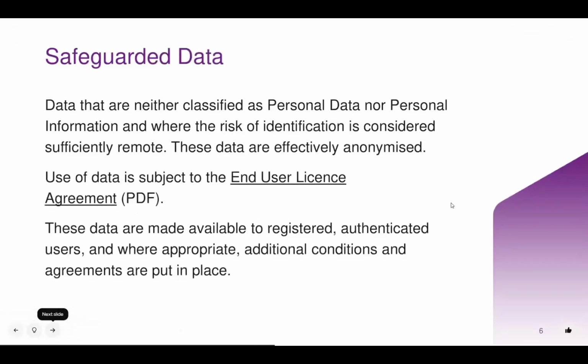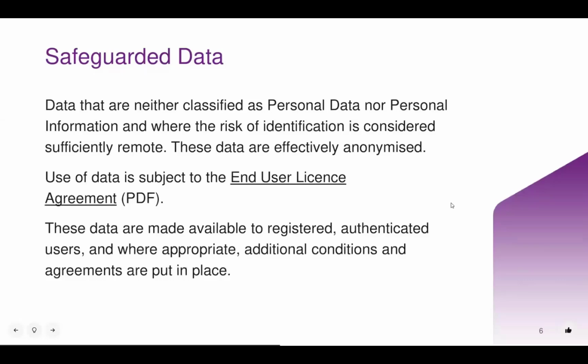Moving next, safeguarded data, a vast majority, we can say, of the datasets in our catalog. Again, those data are not classified as personal, they are not personal information. However, the risk of identification in that case is considered sufficiently remote. These data are still anonymized, so they are effectively anonymized data.